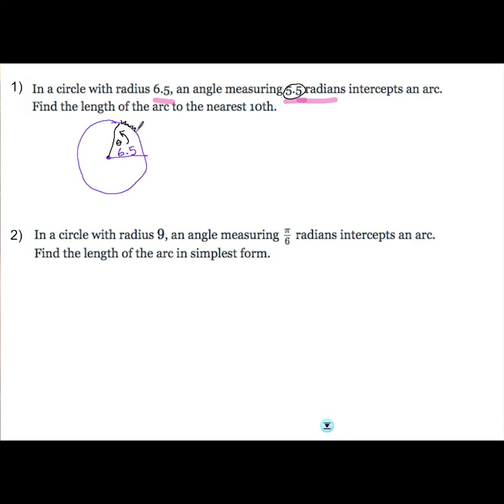I need to find this arc length. Straight up use my formula here. Capital S stands for arc length, equals 6.5, that's my radius, multiplied by 5.5 radians. Let's just compute this.